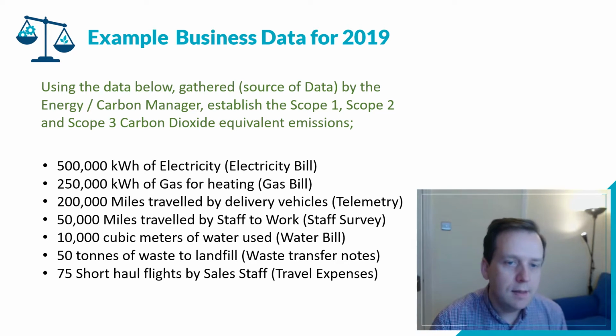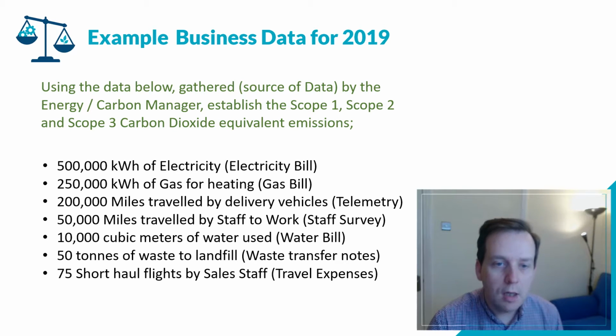So without going into too much detail, we have scope 1, scope 2 and scope 3. So broadly, scope 1 and scope 2 are what the business is directly responsible for in terms of carbon emissions. Scope 3 is what the business is indirectly responsible for.